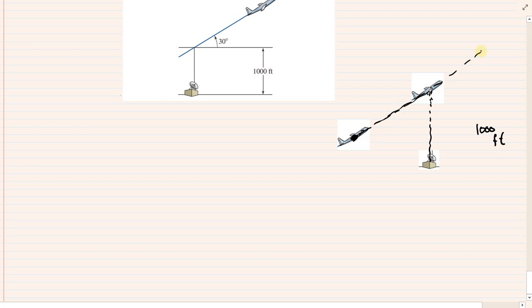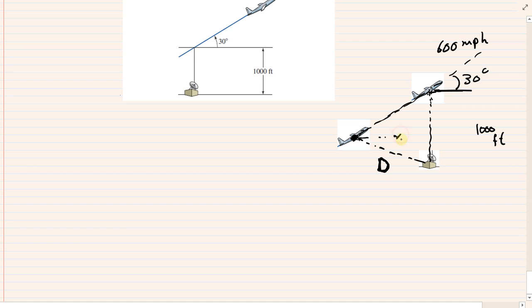And it continues on at a speed of 600 miles per hour. Now, the distance that's changing between the plane and the radar at any given time is this distance, right? We call that d. So that's what we want to know, the rate of change of distance, the instant the plane is directly above the radar. Now let's translate the angle here in our work so we can complete our triangle.